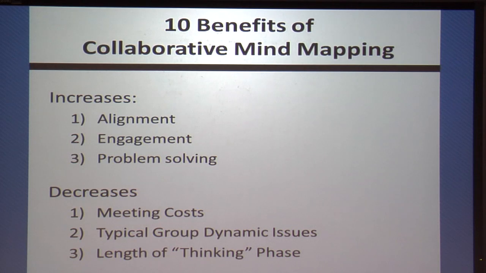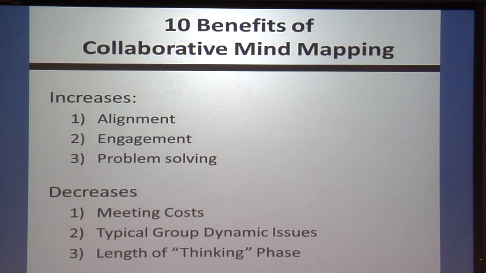Now, a great thing is that it decreases meeting costs. That could be costs spent with time to travel. It could be costs spent traveling, or it could also be costs that's spent taking workers away from other tasks. It also decreases some of those group dynamics, like different turf issues that you might have, different stakeholders, maybe different individuals in the group not speaking out, or someone being so loud that other people aren't being heard.